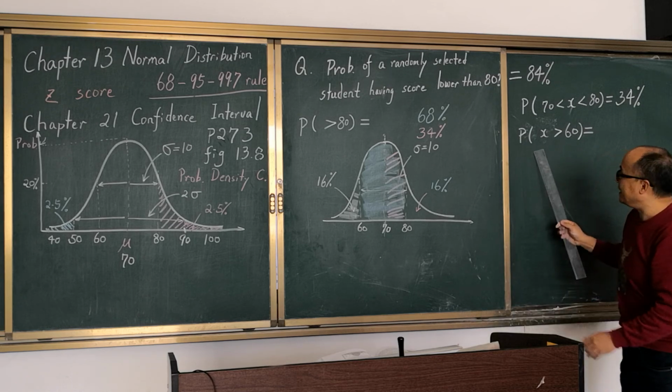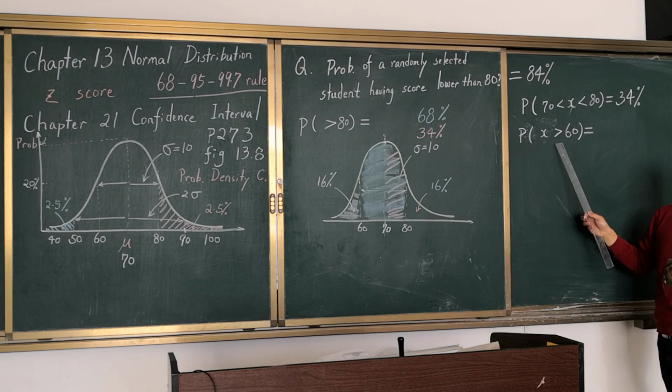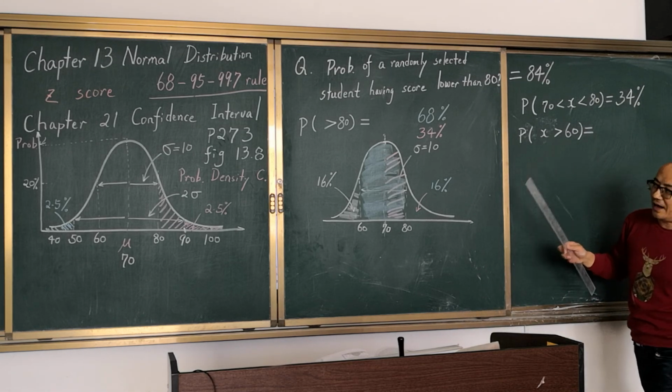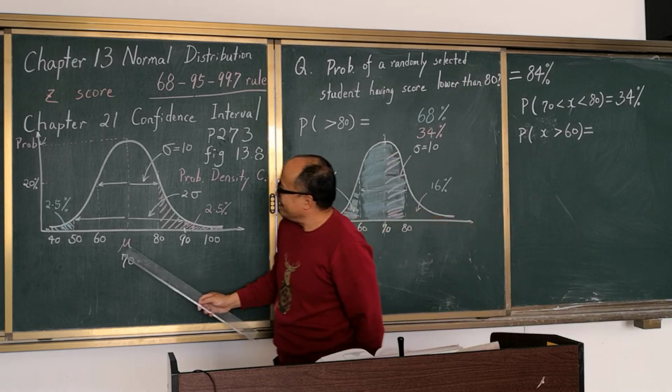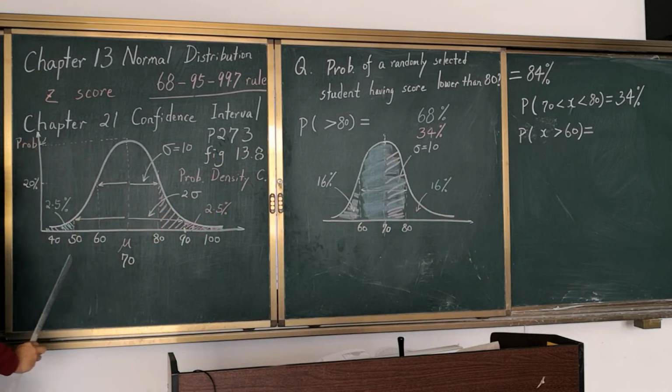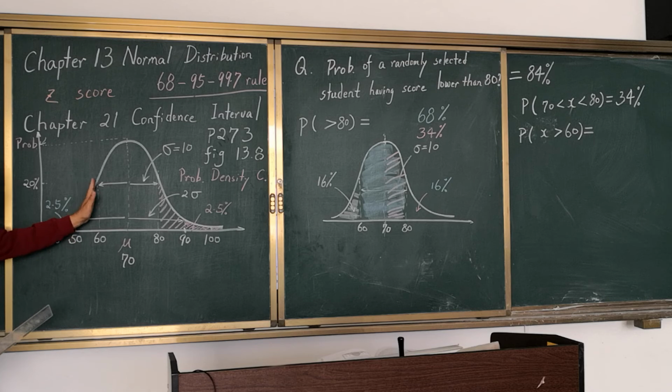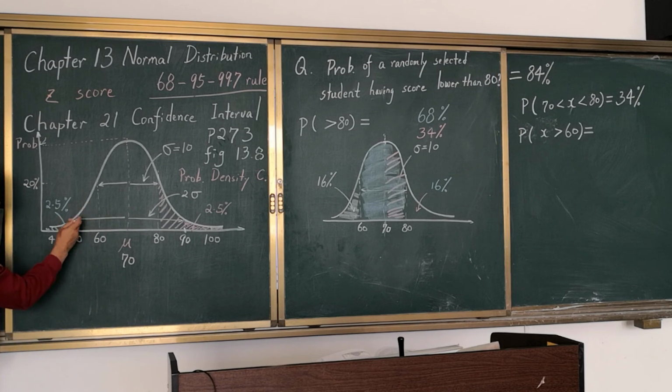What's the probability is greater than 60? Is it 84? Good. Everybody got it? So it's here total everything, okay?